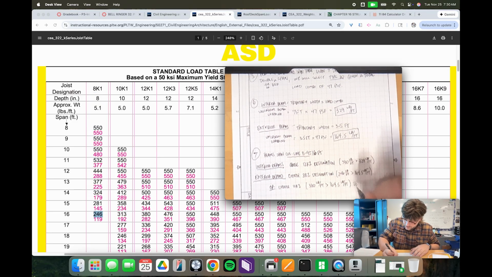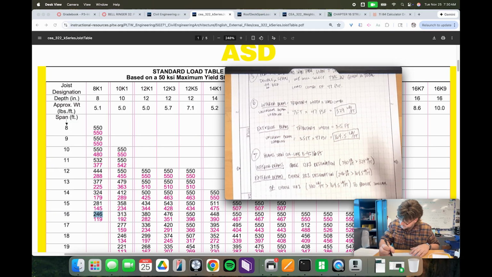To provide similar depth. And I definitely spelled that incorrectly. It's the reason why I'm not an English teacher.